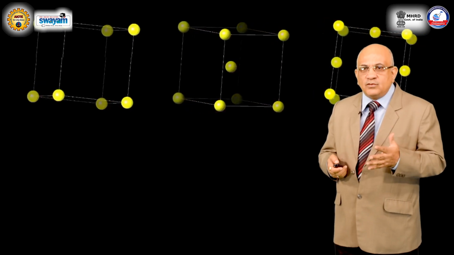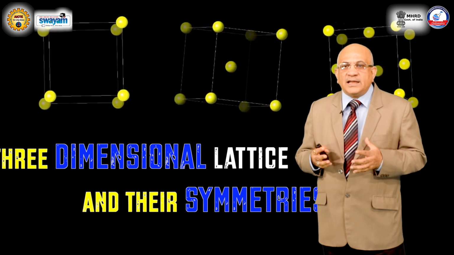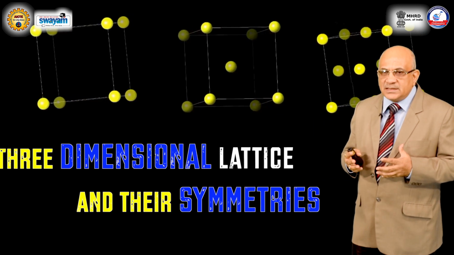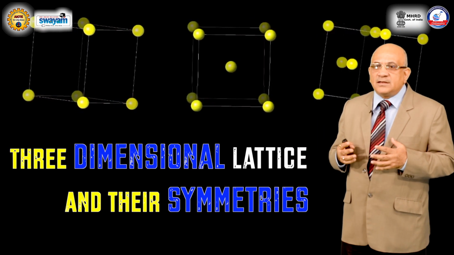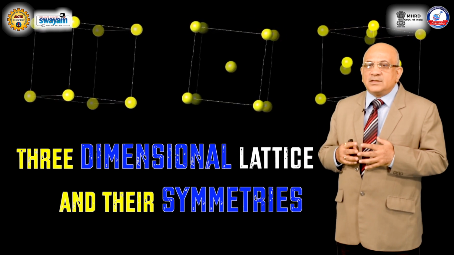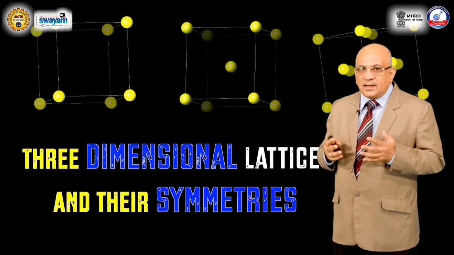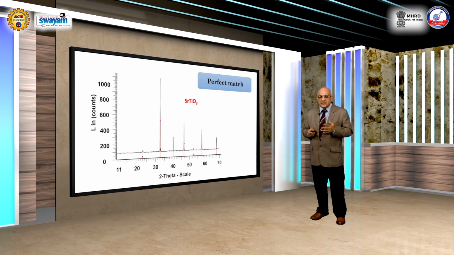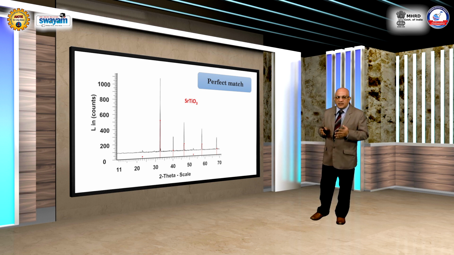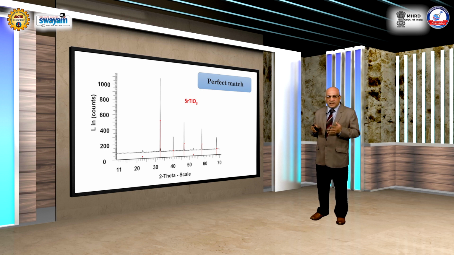For that, you will have to know something about what are called three-dimensional lattices and their symmetries, because every crystalline material will have a three-dimensional ordered lattice based on some symmetry, and you will have to use them when you try to index these reflections, like what is occurring at certain 2 theta. This line or this reflection is due to which HKL plane. So there are a lot of HKL planes in crystals.